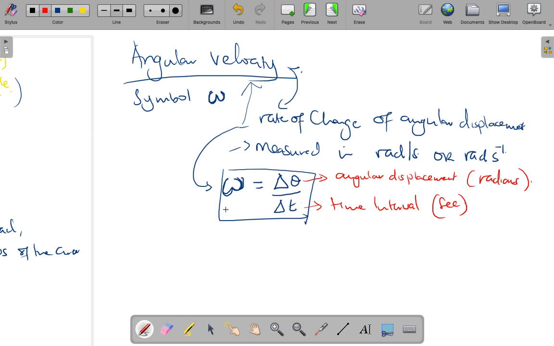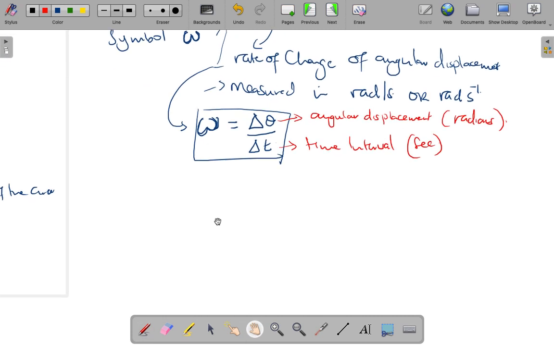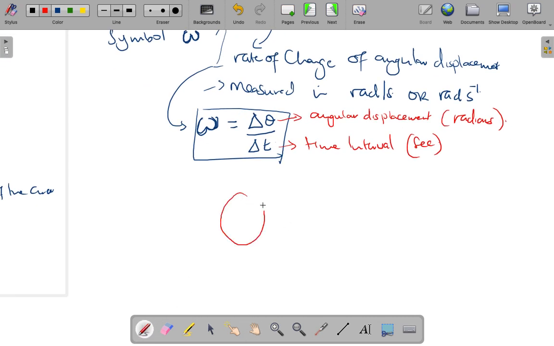Remember there are two things: there is angular velocity and there is linear speed. I'll demonstrate that in the diagram here. If something is moving in a circular path, at this point it will be moving like that, and then when it reaches a certain point, it moves like that.